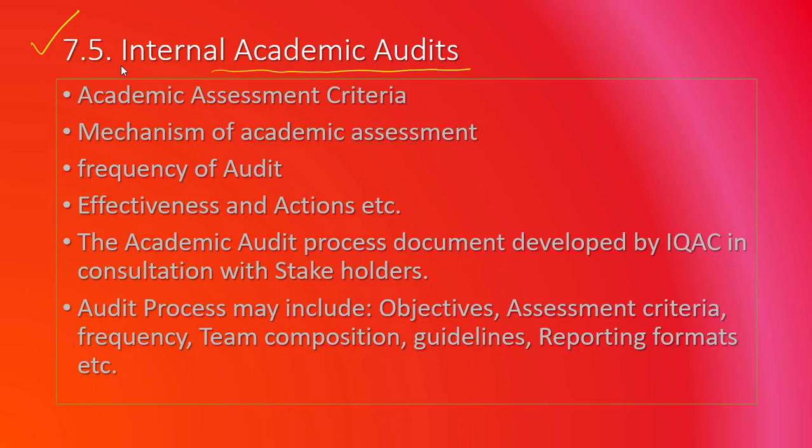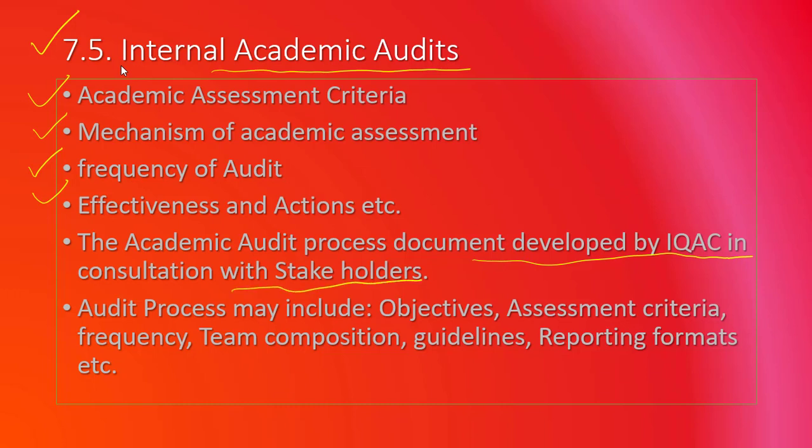The Internal Quality Assurance Cell develops the documentation of the audit process in consultation with other stakeholders. These are the things that the visiting team will check: academic assessment criteria, mechanism of academic assessment, frequency of audit, effectiveness of action, etc.